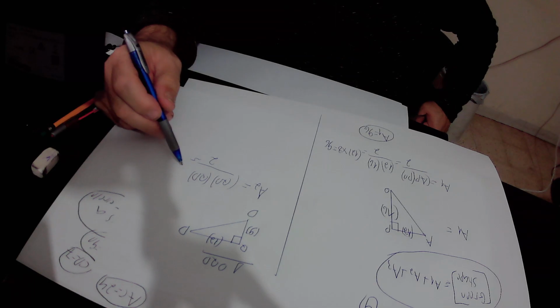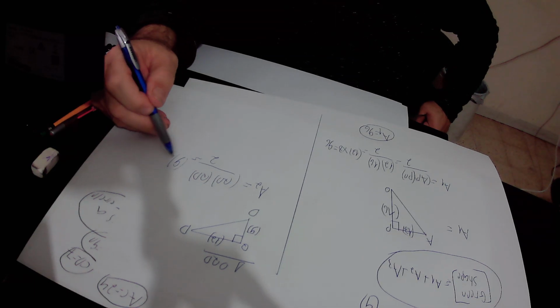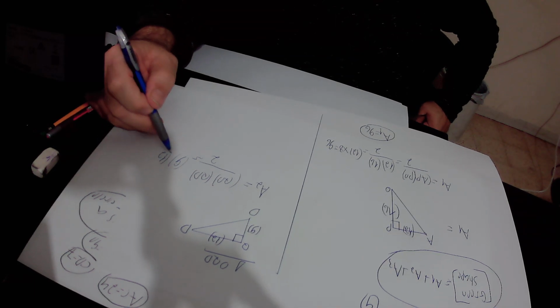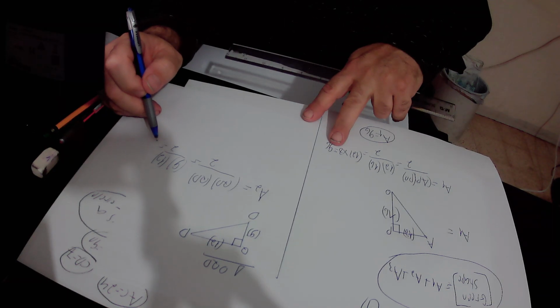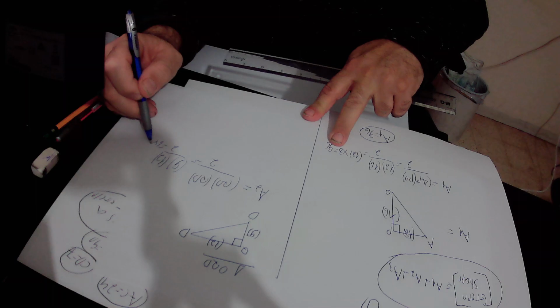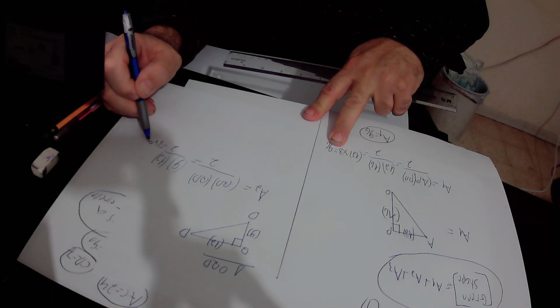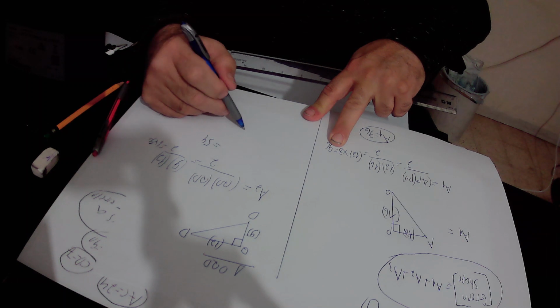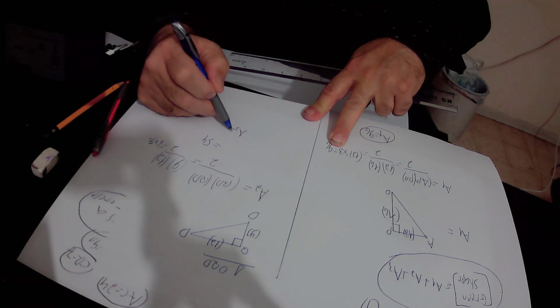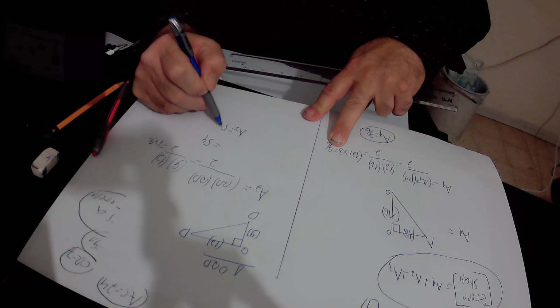QO equals 9, QD equals 12, divided by 2. 12 over 2 is 6, and 6 times 9 is 54. So we find that A2 equals 54 square units.